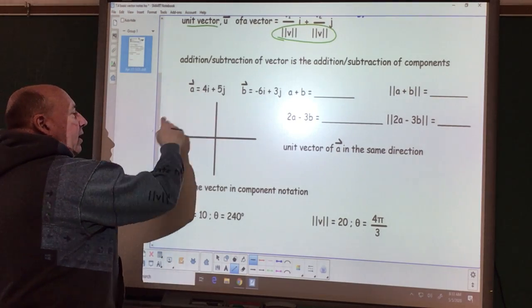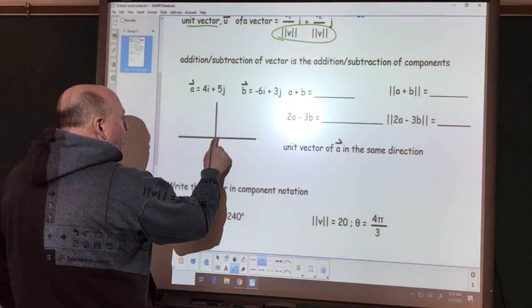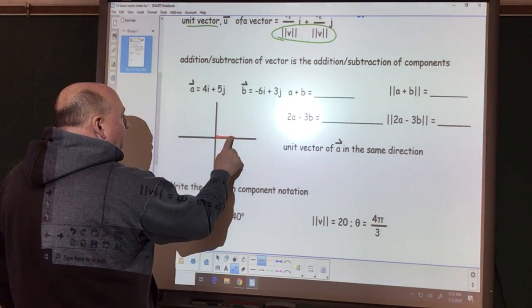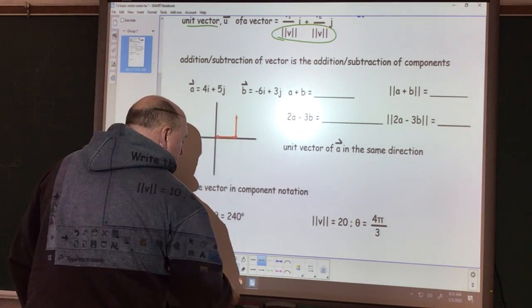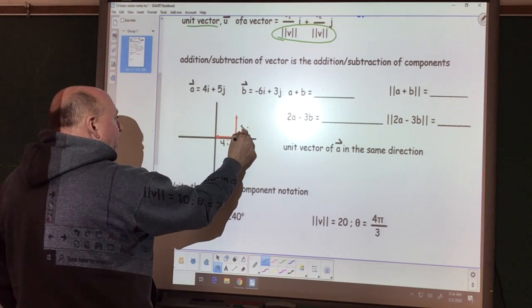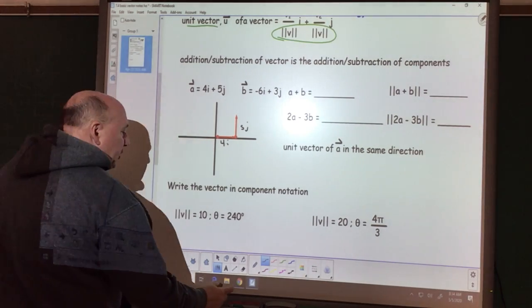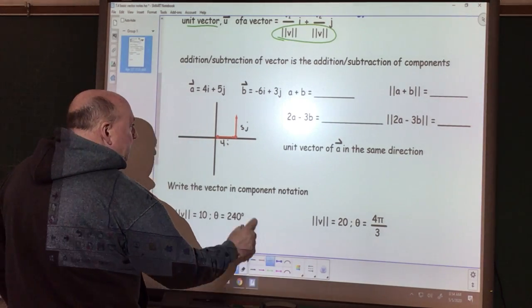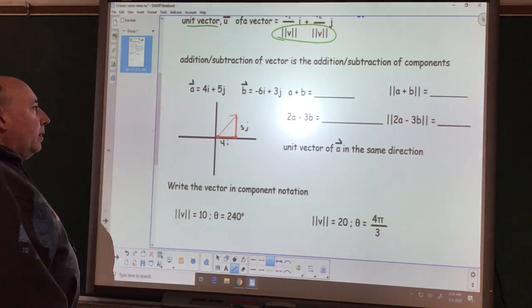Let's think about vector A is 4I plus 5J. So we have 4I and 5J. Now this is not going to be drawn to scale. So we have 4I and 5J, and the result of that would be this.